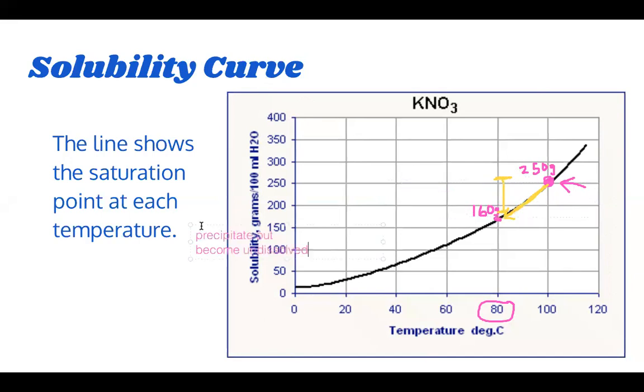All of those extra grams are going to come undissolved because at our new temperature, the new limit is 160 grams. So all those extra grams we had are going to come out of the solution. They will become undissolved because they are over our new limit.